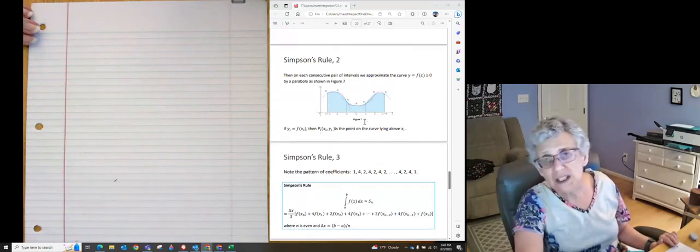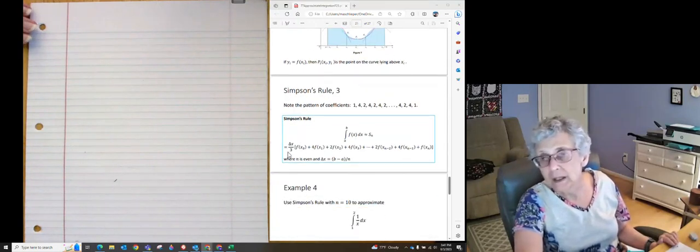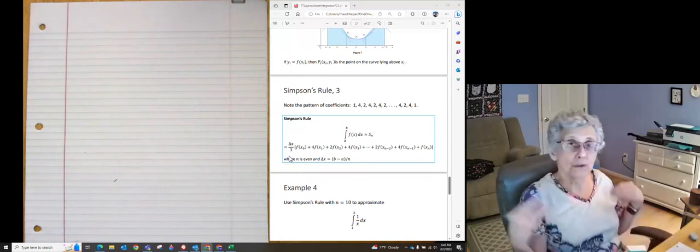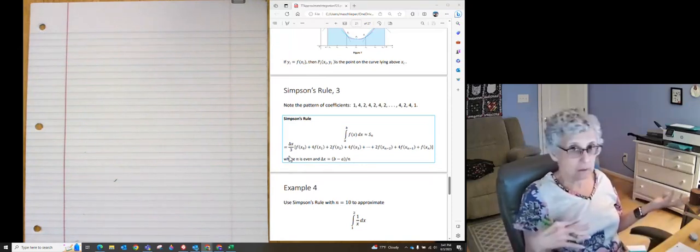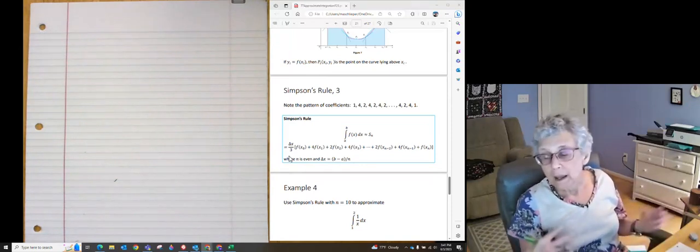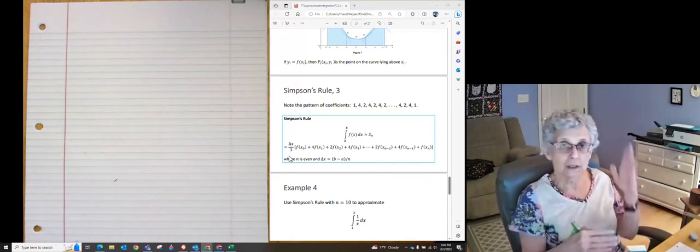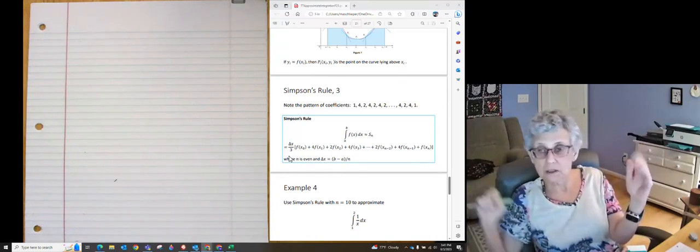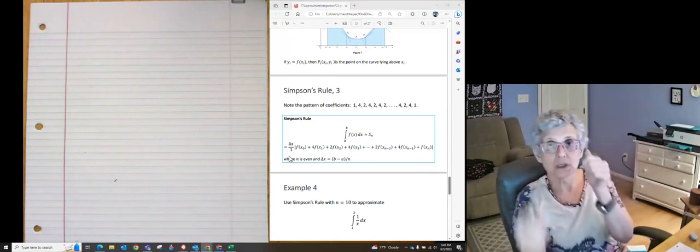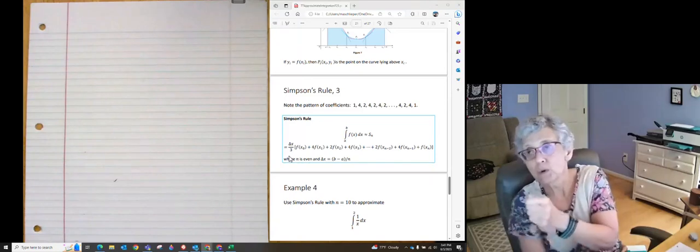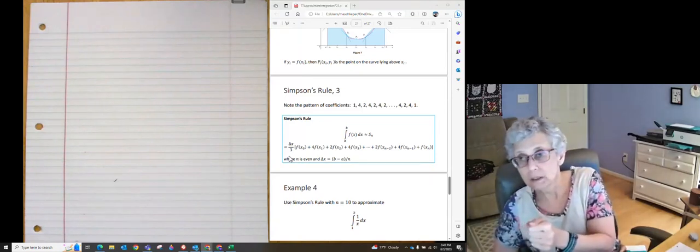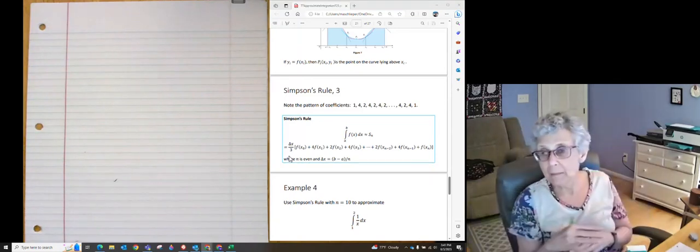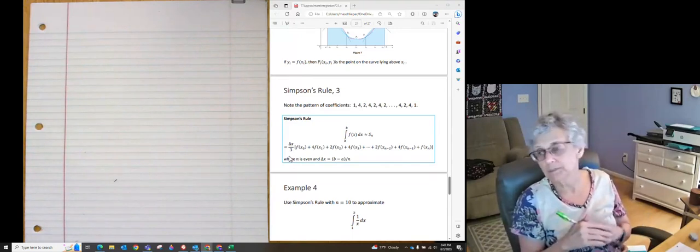And you're just going to have to memorize it. It's delta x over 3, so instead of 2, it's over 3. And our pattern is different. The first and the last still get 1s, but instead of everybody else getting 2s, it's 4, 2, 4, 2, 4, 2, and you have to have a 4 right before the 1. So you have to have that pattern of coefficients.